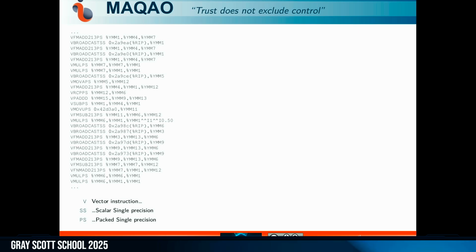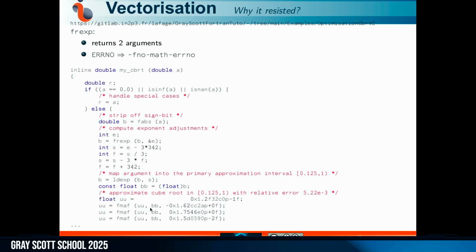And this is AVX2. So now this time, with the MAQAO report, we see that we have YMM in AVX2, and we have packed PS vector instructions. So it's better. So where was the problem? Because we didn't see what changed from the initial version to the last version.